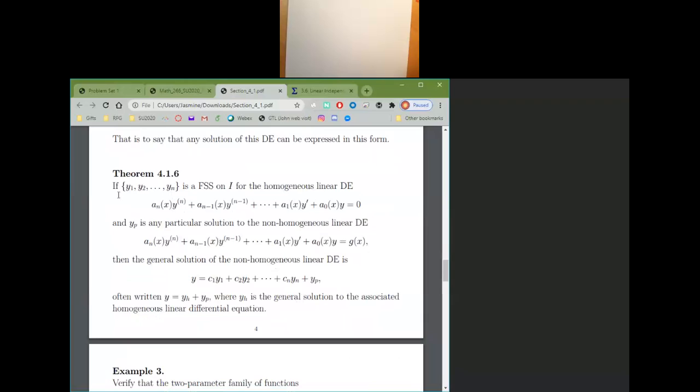This theorem. Okay, this one is a lot to read just because I have the standard form of a homogeneous and non-homogeneous differential equation explicitly stated.